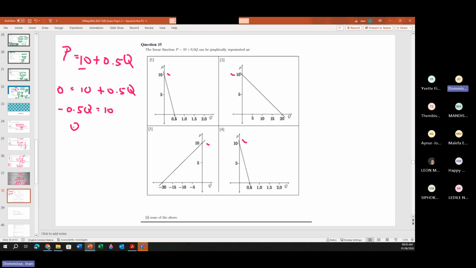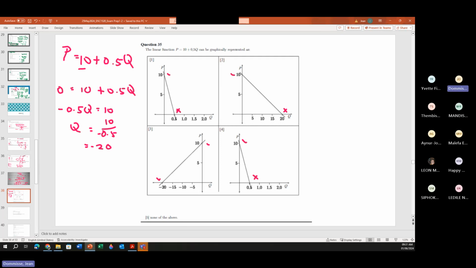So if I divide it, Q will be equal to minus 10 divided by 0.5, and that will be equal to minus 20. So let's look. Okay, that's wrong, but it was close. Minus 20.